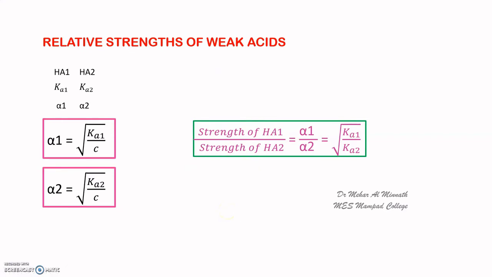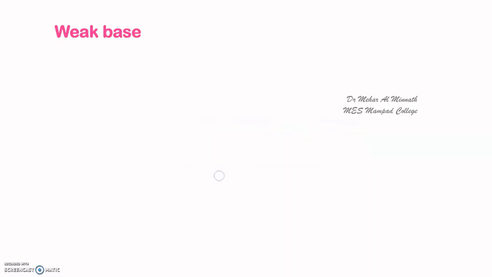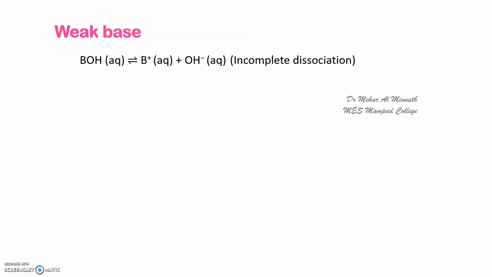The way we have found the ionization constant and degree of dissociation for a weak acid, we can find an expression for the degree of dissociation for a weak base. Now let's consider a weak base BOH. It will incompletely dissociate to B+ and OH-.